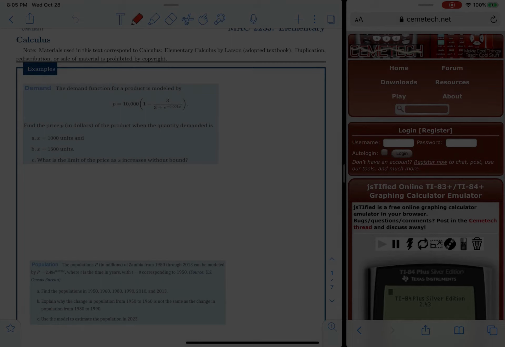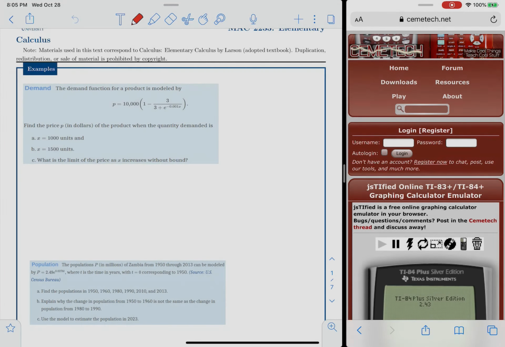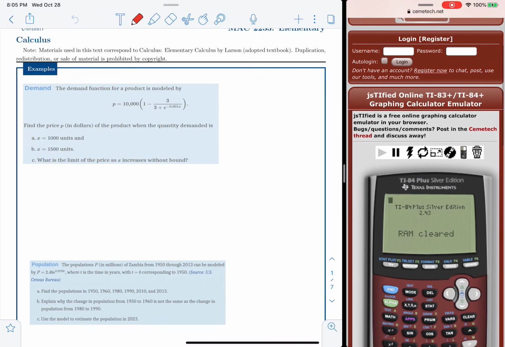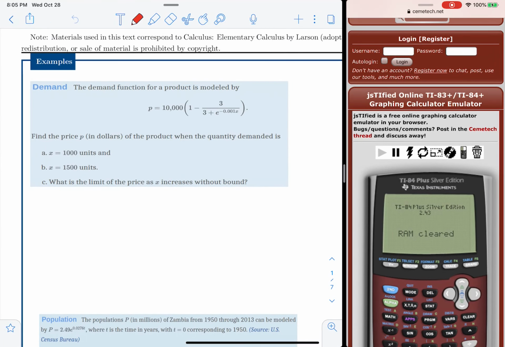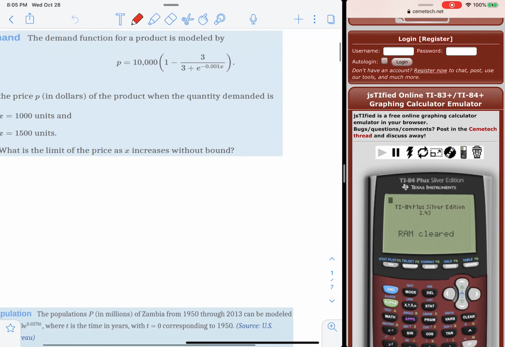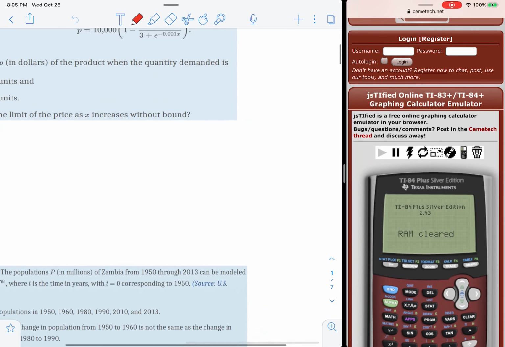So here we are going to do a few more problems on exponents, specifically natural exponents. Here we have the demand function for a product, and it is modeled by the expression that is given in the question. And what we have here is an initial amount, which in this case is 10,000.